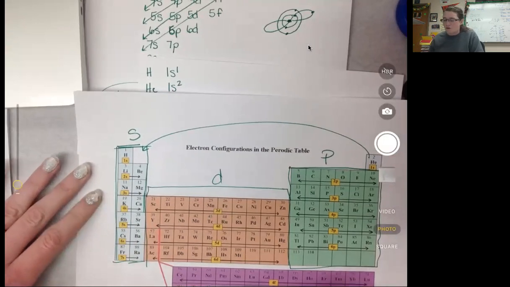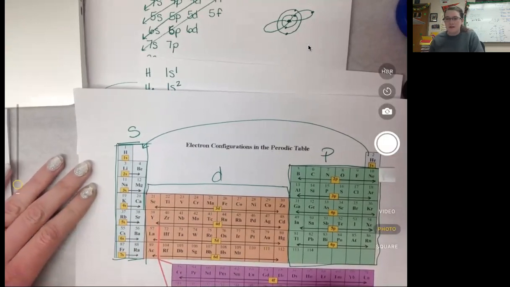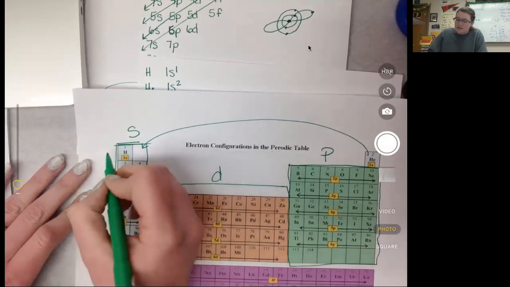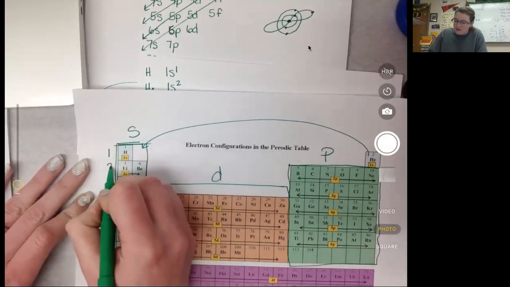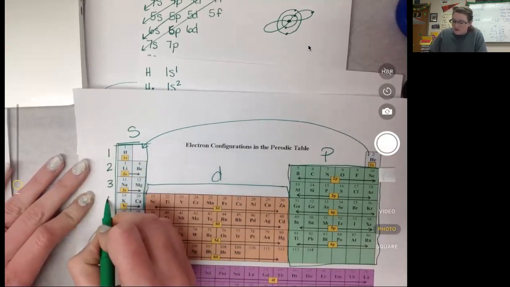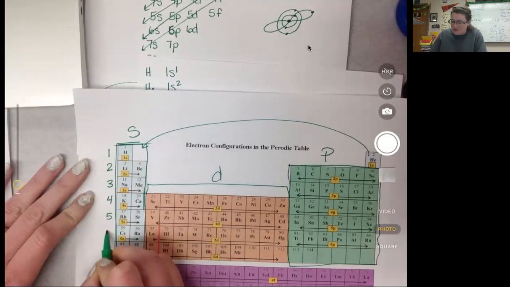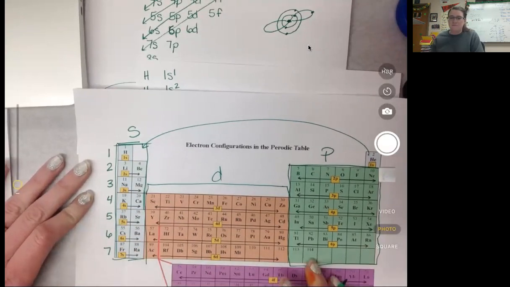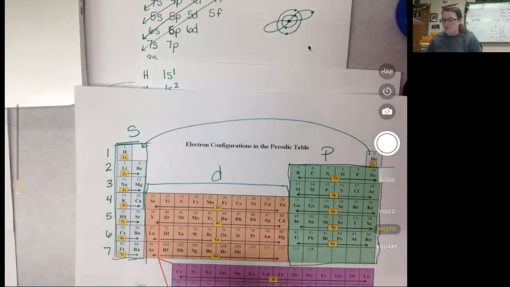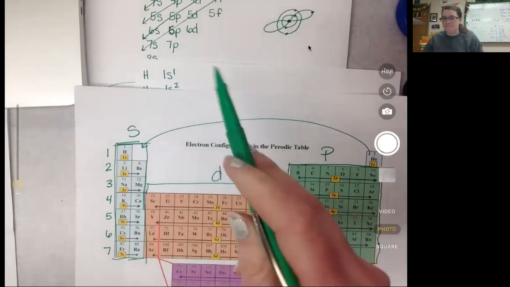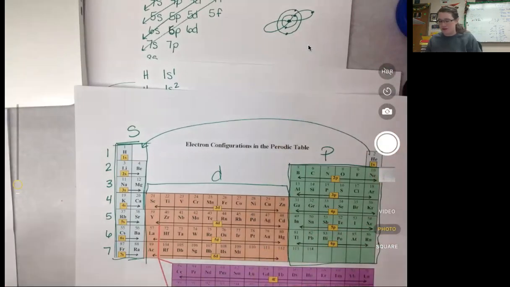Right, and then our rows in our periodic table actually correspond to energy level. And so we have energy level 1, 2, 3, 4, 5, 6, and 7. All right, and so as we're going across this, we're increasing how many electrons we have, and so we're making progress through our sub-level energies and our energy levels.